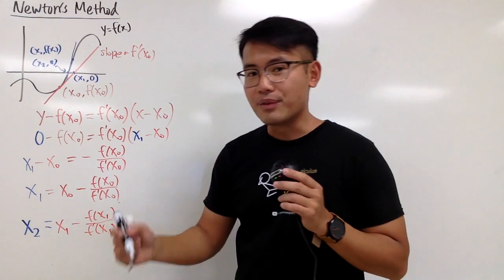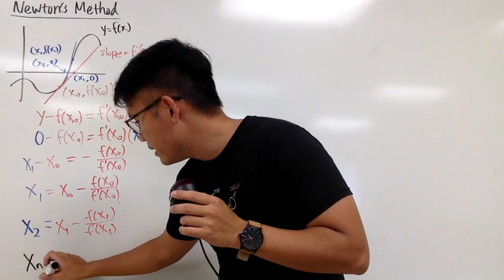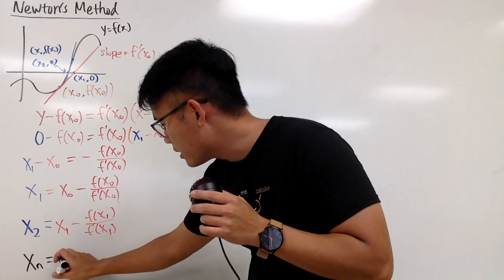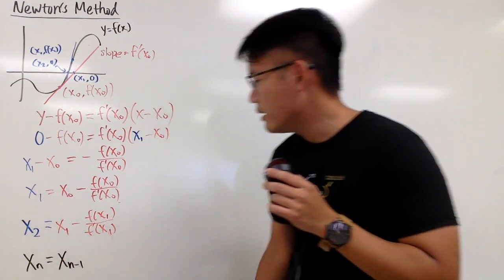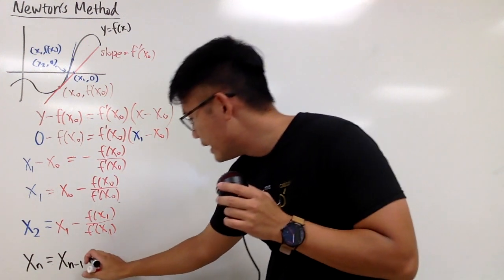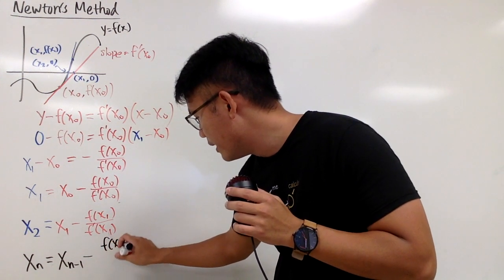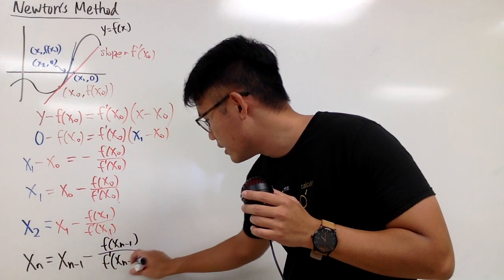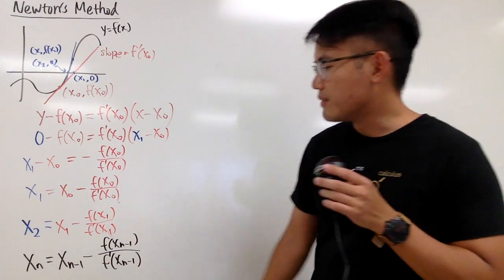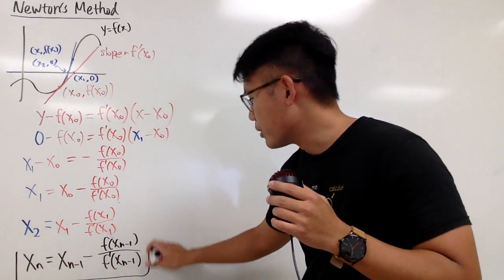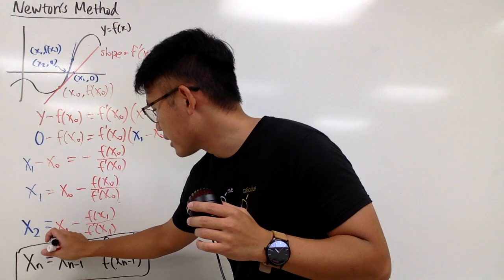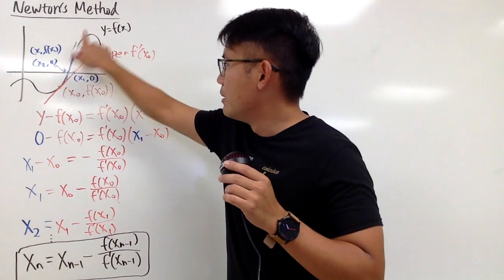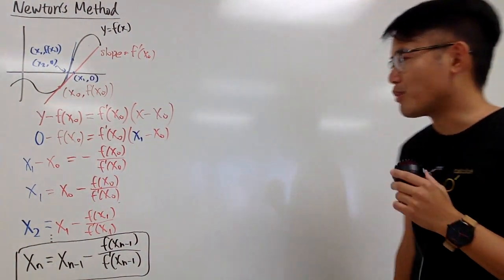And I will just write this down for you guys. xn, meaning the nth term of my sequence, is going to be based on xn minus 1, meaning the previous x value, and then we subtract f of xn minus 1 over the derivative at the previous x value, and this is pretty much the approach. And of course, I should put dot, dot, dot, meaning that you just keep on doing this. So you can draw plenty of tangent lines, and you can make a good approximation.